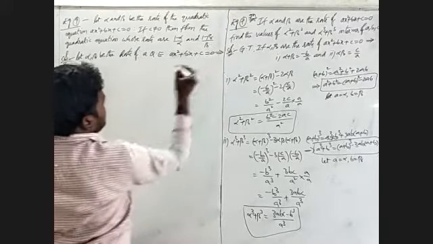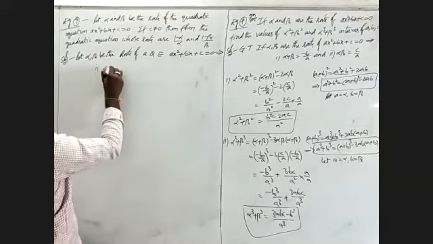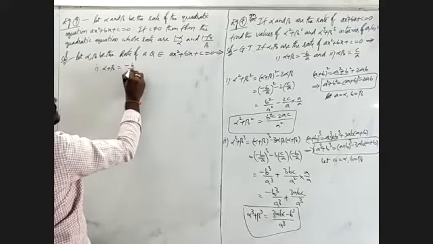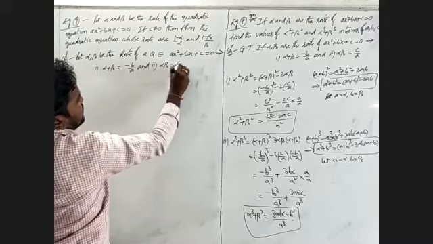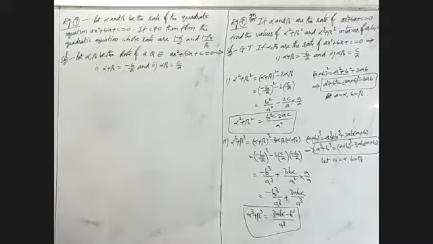Then that implies, here we'll write two conditions. One is alpha plus beta equal to minus b by a. The second condition is alpha beta is equal to c by a.